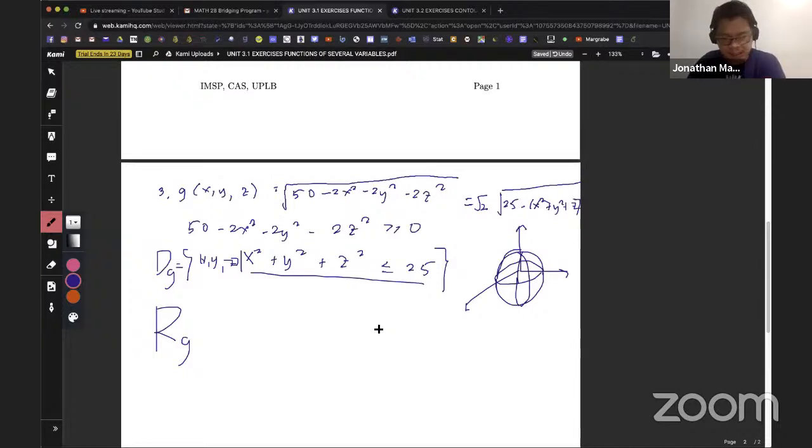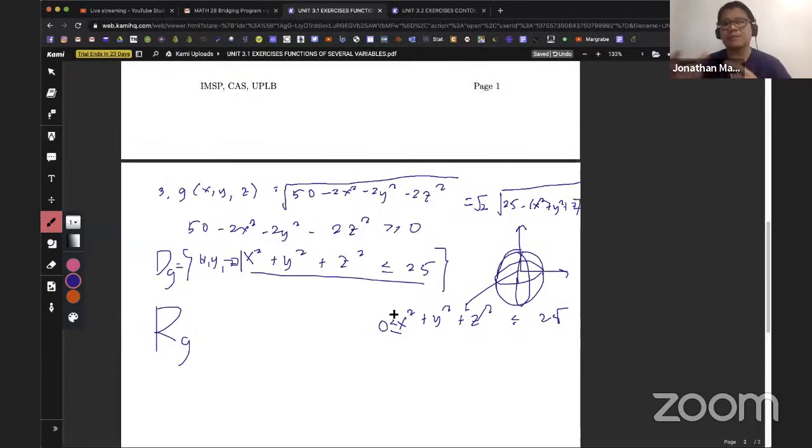I'll just write it down. We have x squared plus y squared plus z squared less than or equal to 25, and greater than or equal to 0.